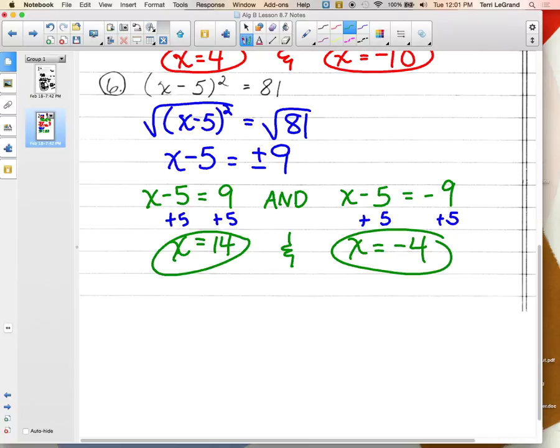When you're done, you can look up and see if you agree with me or you want to challenge me and say, I think my answer is better. Did it work for you? Did you get it?